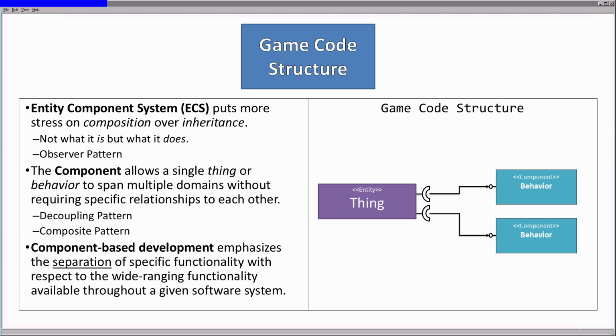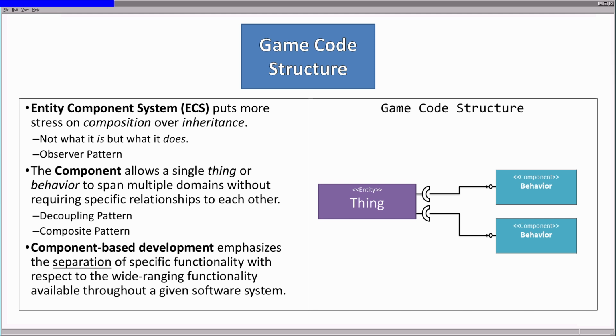The component allows for a single thing or behavior to span multiple domains without requiring specific relationships to each other. This is considered a decoupling pattern, and in many ways it is common with the composite pattern. This is where programming objects are composed of other programming objects.